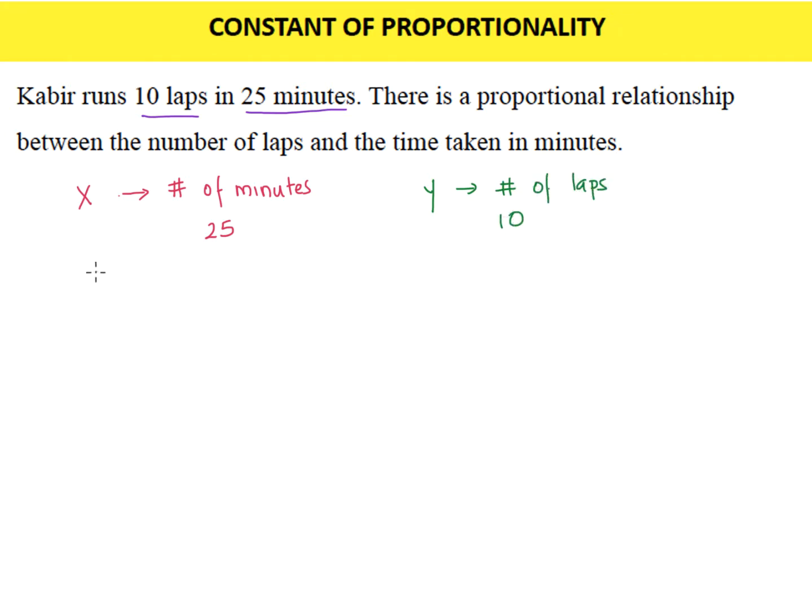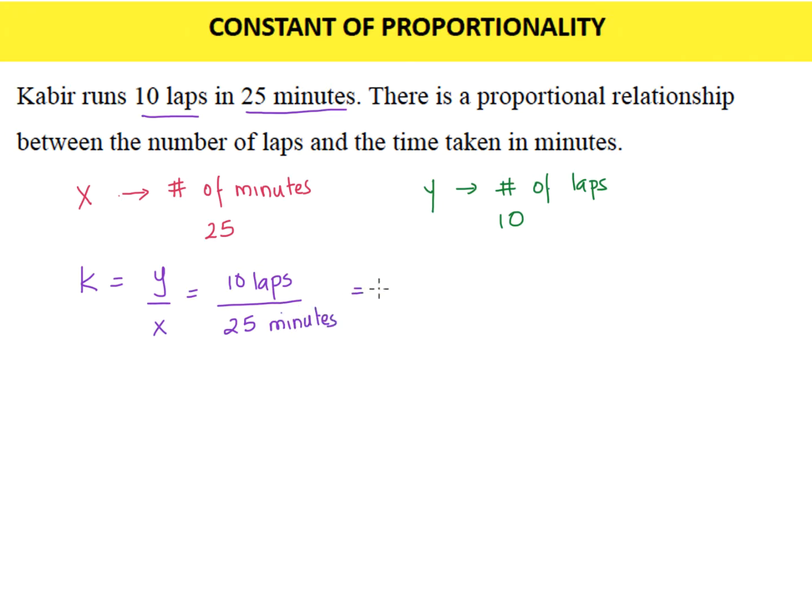When we find the constant of proportionality, we have k equals y over x. And in this case, y is 10 laps, over x is minutes, so it's a time in minutes, so it's 25 minutes.